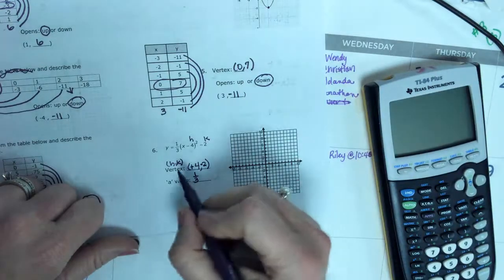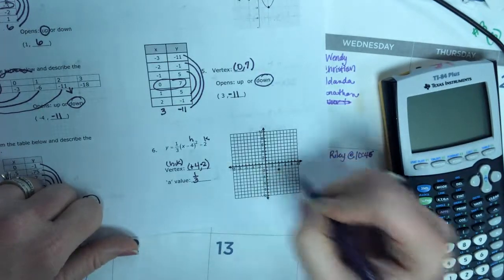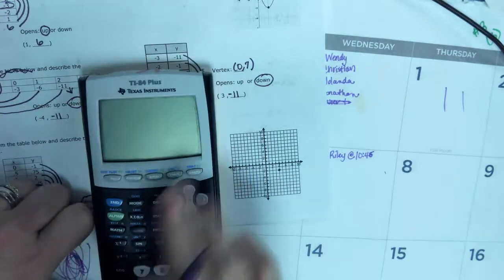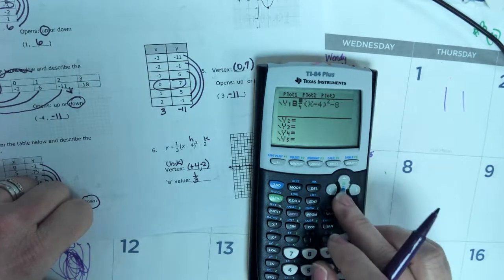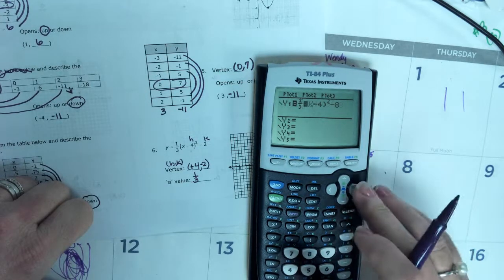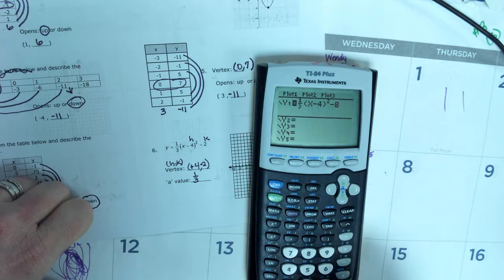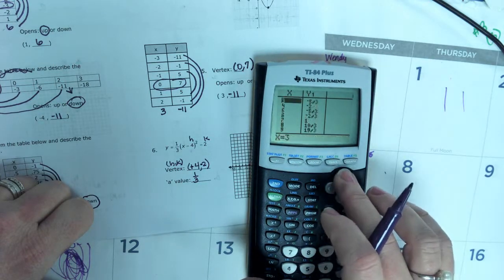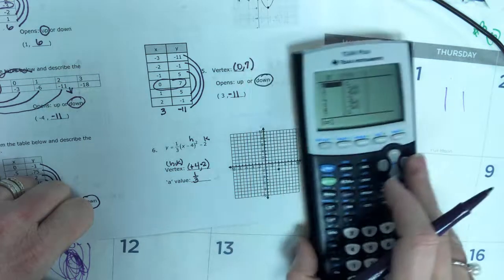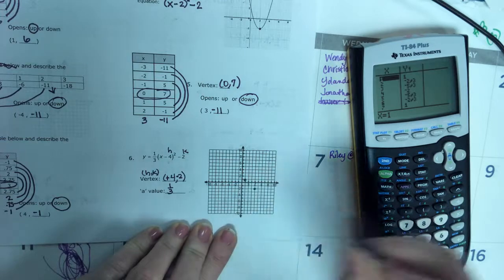So first I can always just plot my vertex. So 4, negative 2, that's going to be right there. So when I go to y equals, I'm just going to change this to 3, and then it's x minus 4 minus 2. So I'll go to the table. And so let's see what I can plot. I can plot the 1, 1.